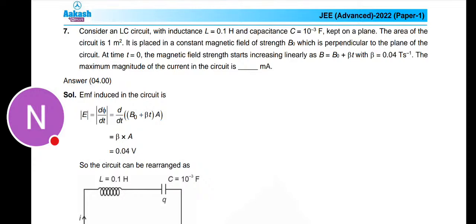At time t equal to 0, the magnetic field strength starts increasing linearly as B equal to B naught plus beta t, with beta equal to 0.04 tesla per second. The maximum magnitude of the current in the circuit is how many milliampere?